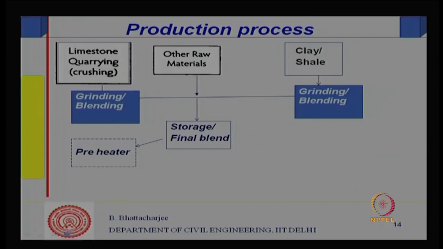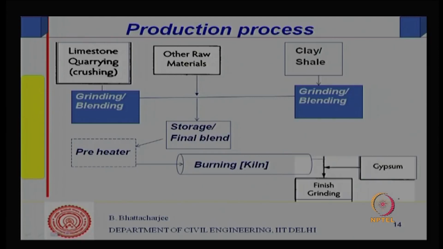or pre-calciner, where I will have cyclones and it will get heated, and some of the carbon dioxide will be removed. After the preheating, it will go to the burning kiln, where once the product is formed, this will be mixed with gypsum and ground, finished by grinding.